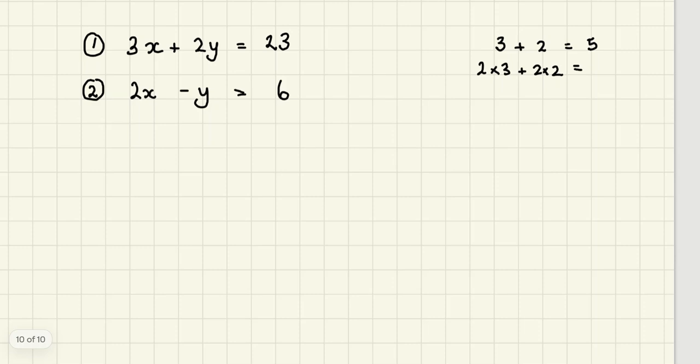And is that 2 times 5? So the thing about an equation is if you do the same thing to everything, the equation is still true. It might be different, but it's still true.